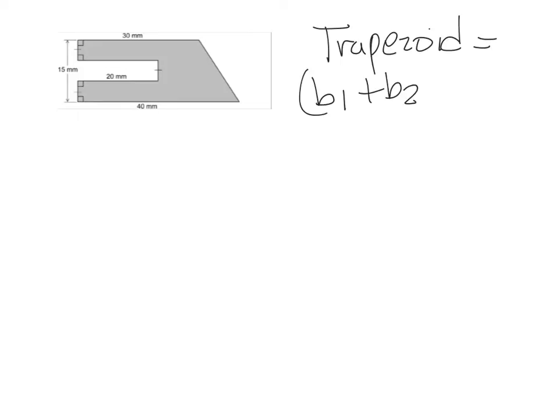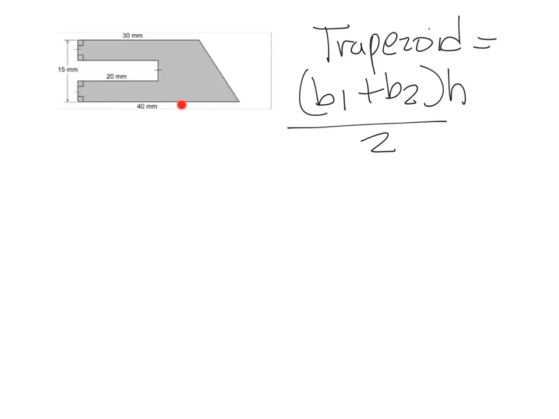Let's look at the next example. The figure is a trapezoid. So as a trapezoid, I know that my formula is base 1 plus base 2 times height into 2. Which one is base 1 and which one is base 2?